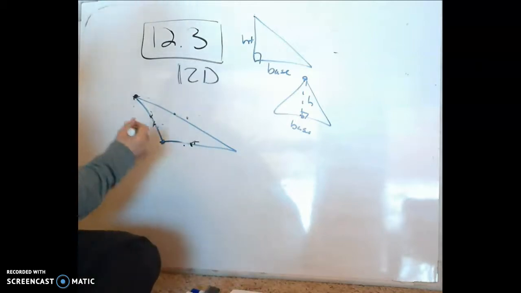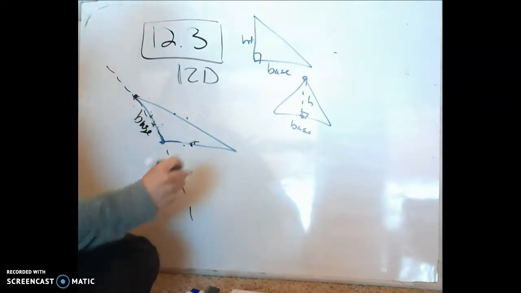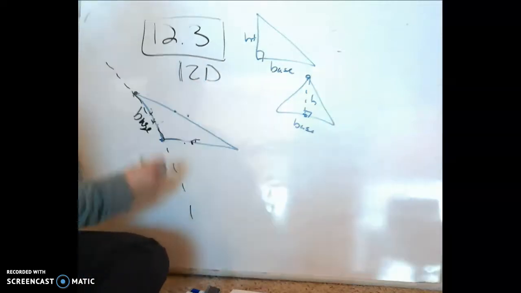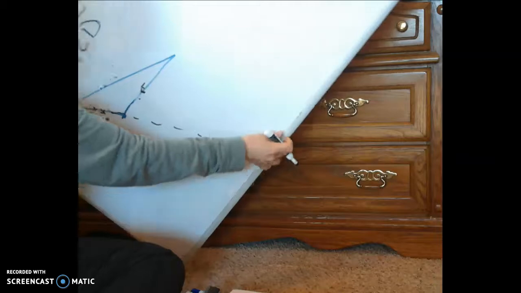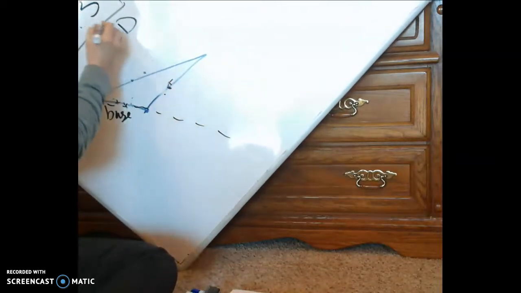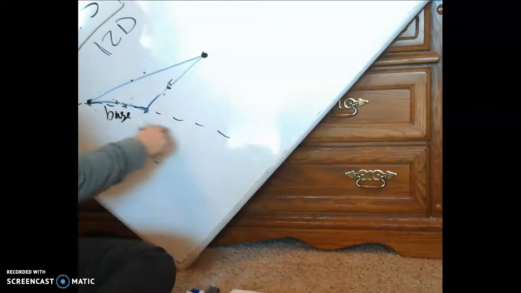All right, so if this is my base, then this is my lowest point, right? And up here, again, I might rotate this a little bit. That might help my brain. I don't know how good that is for you guys. But then this point is my highest point, and it has to touch my base at a right angle.